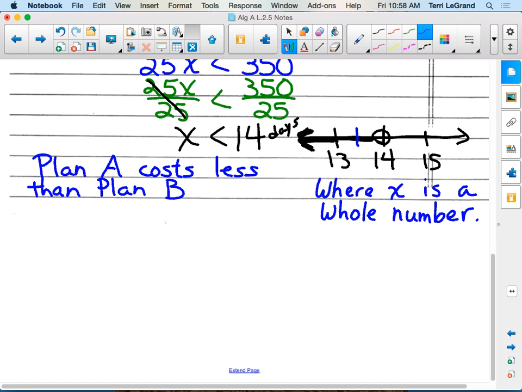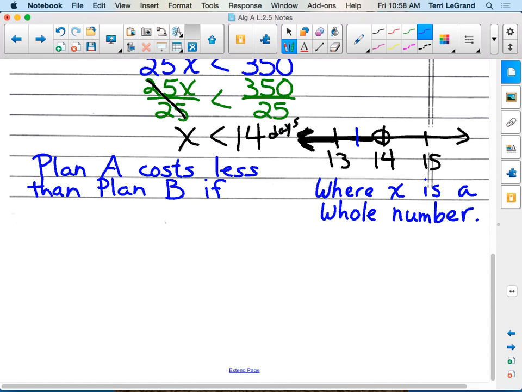Now the if. If what? What does that graph show us? What does that inequality show us? Plan A costs less than Plan B if? Don't worry about the whole number thing right now.